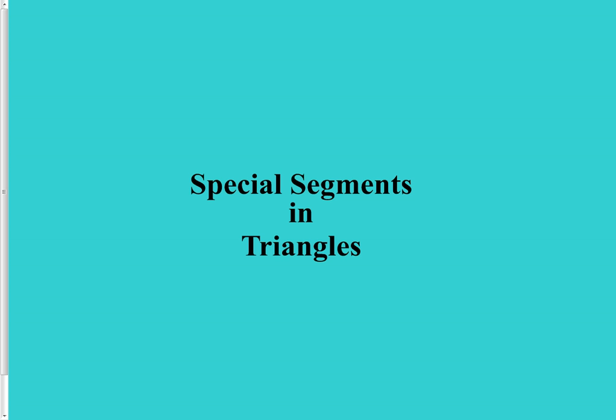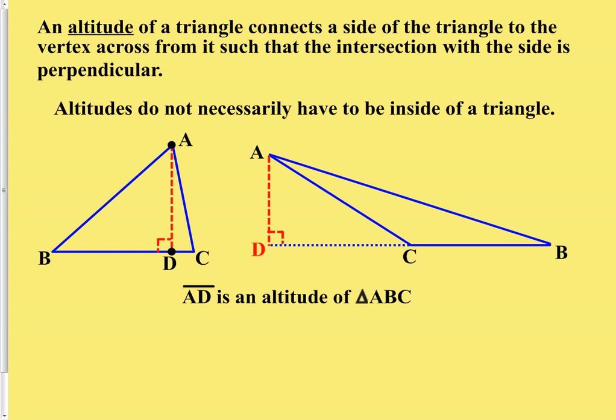Okay, the last thing we looked at in Unit 4, Unit 4 was finally over at this point, was special segments inside of triangles. And there's a lot of information in here, and some of it does deal with isosceles triangles again. But just generically speaking, we come up with some new vocabulary. Okay, the term altitude refers to if you connect a point in a triangle to the side that is across from that point in the triangle, such that this connection forms a right angle.